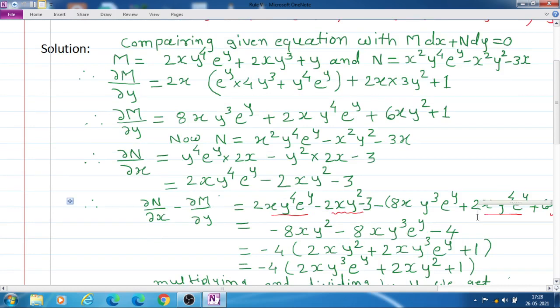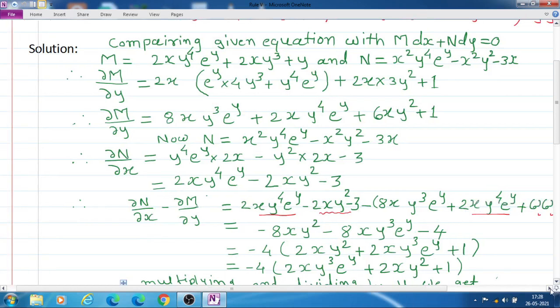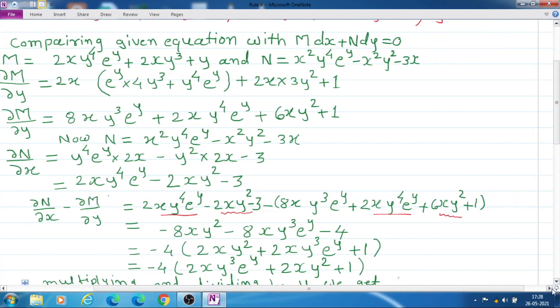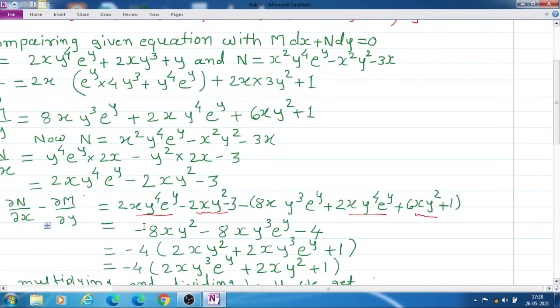So putting these values here, 2x y^4 e^y, and here in the bracket 2x y^4 e^y has a minus sign outside the bracket, therefore these two terms get cancelled, and 2x y^2, here in the bracket 6x y^2, but it has a minus sign, therefore minus 2 and minus 6, we get minus 8x y^2.